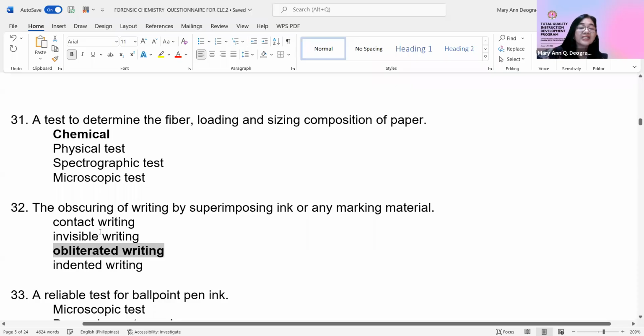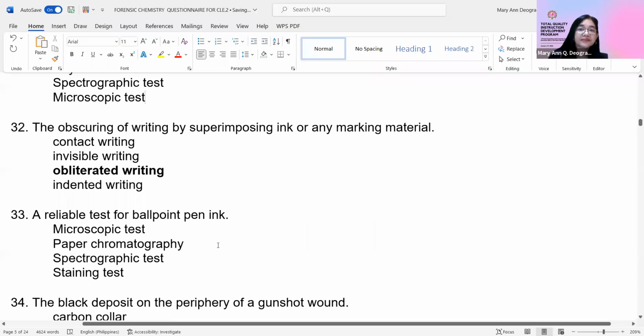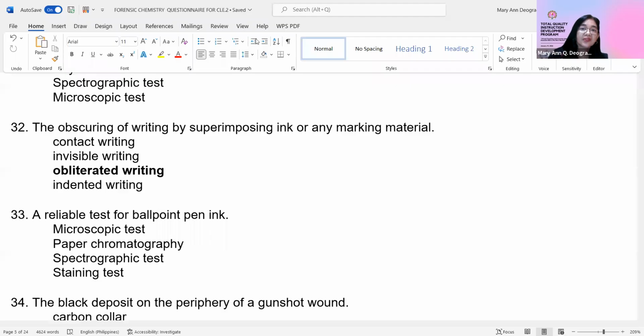A reliable test for ballpoint pen ink. Alin sa apat? It's the, yes, paper chromatography.